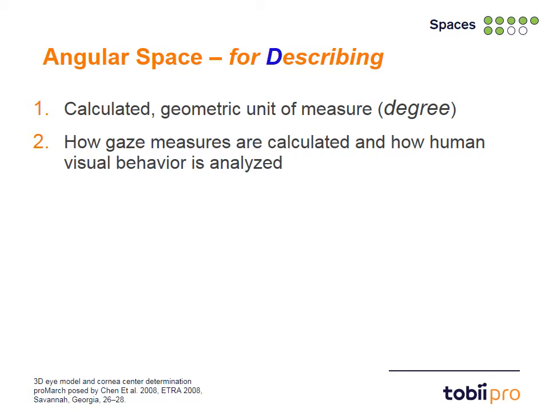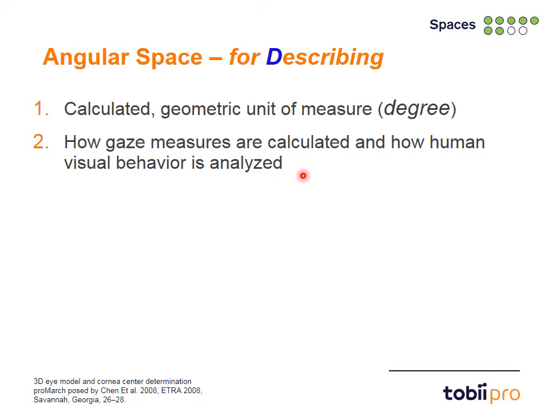The third space that we need to discuss is angular space, and the third D associated with it is degrees. In this angular space, the unit of measure is a calculated geometric measure, the degree. How gaze measures are calculated and how human visual behavior is analyzed on a visual display is calculated in terms of degrees.